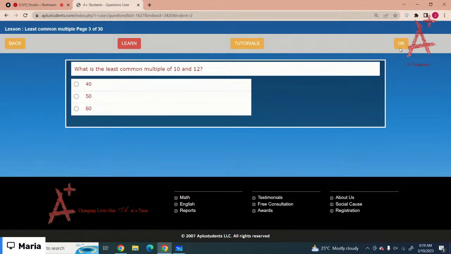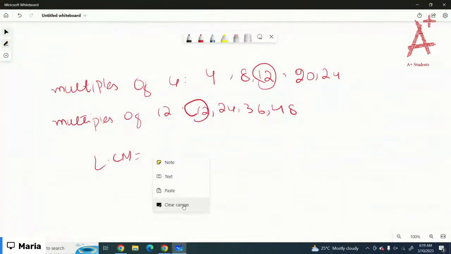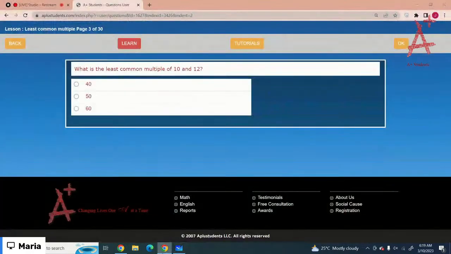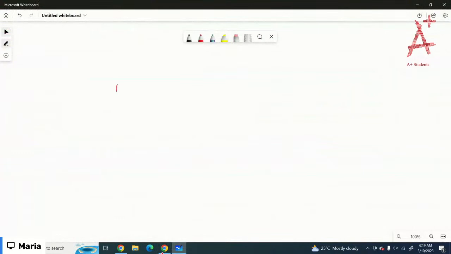What is the least common multiple of 10 and 12? It's okay, but you are just confusing yourself, and me too. Least common multiple of 10 and 12. Do not confuse, please.